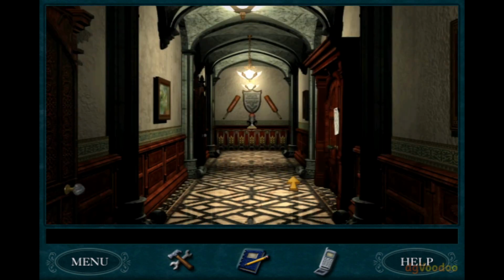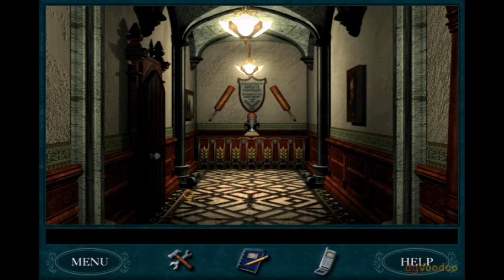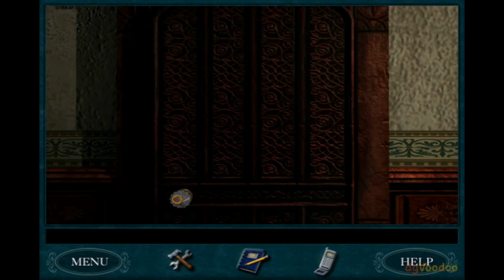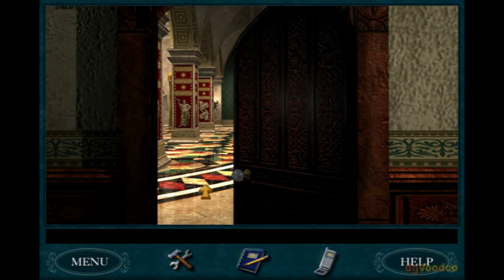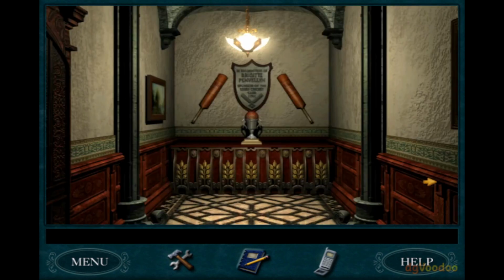So that door led to the hall. Wonder what happened in there. Please stay out of the kitchen until the fire damage is repaired. So that's the kitchen then, huh? And what do we have here? Another door to the hall.